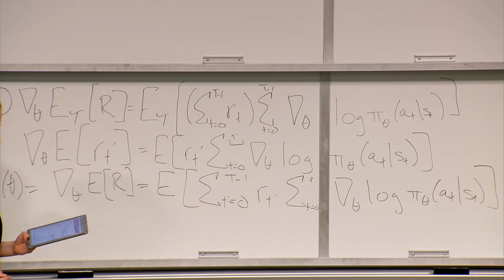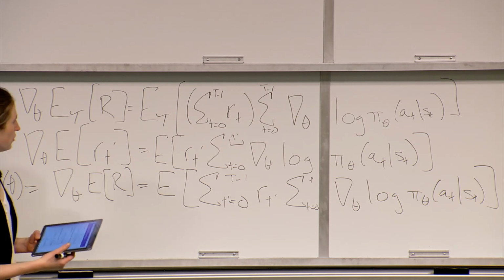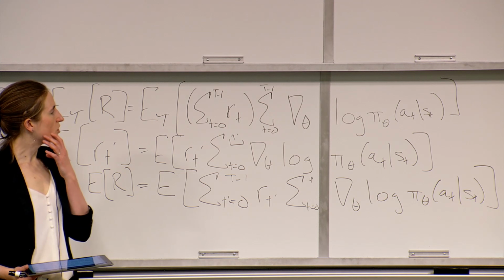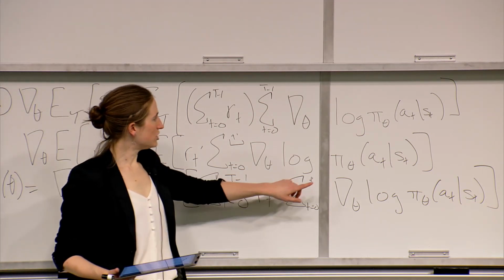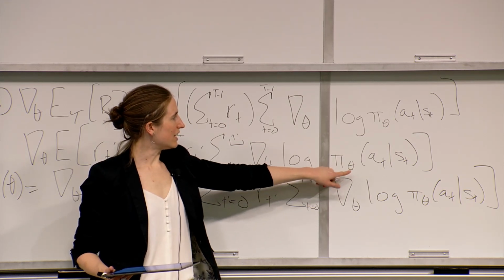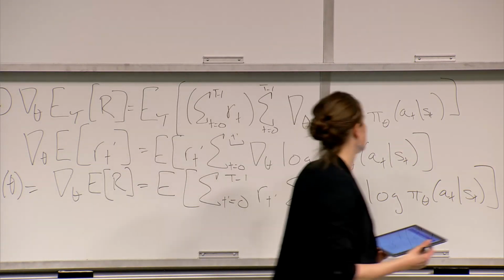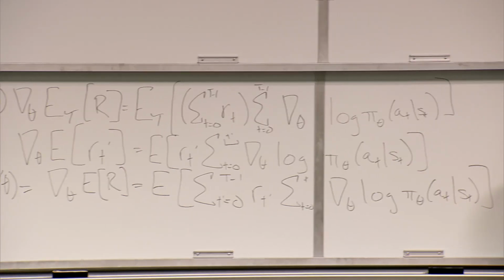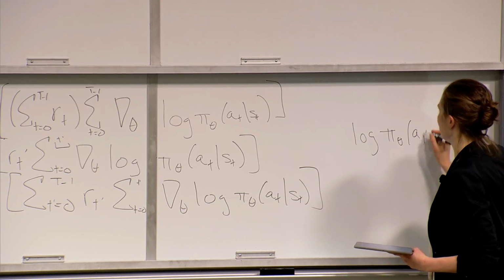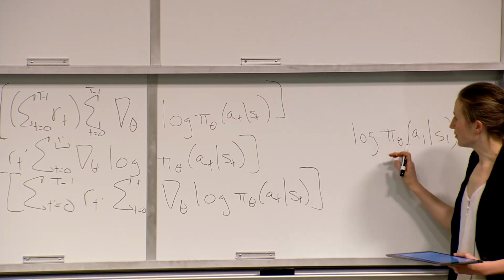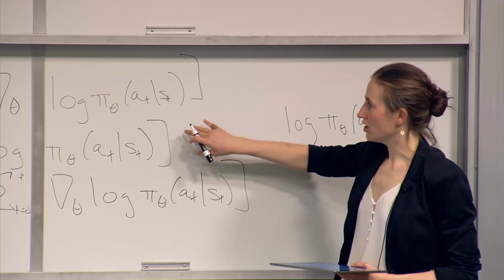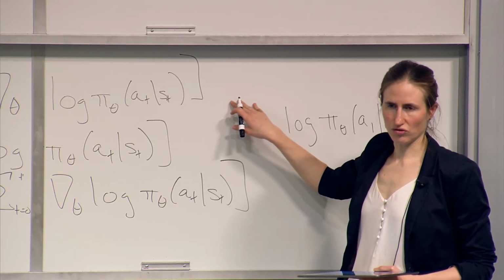And then what I'm going to do is reorder this by making the following observation. If we think about how many terms one of these particular log pi theta A_t, S_t appears in. So if we look at log of pi theta of A_1, S_1, it appears for the early rewards and it appears for all the later rewards too.